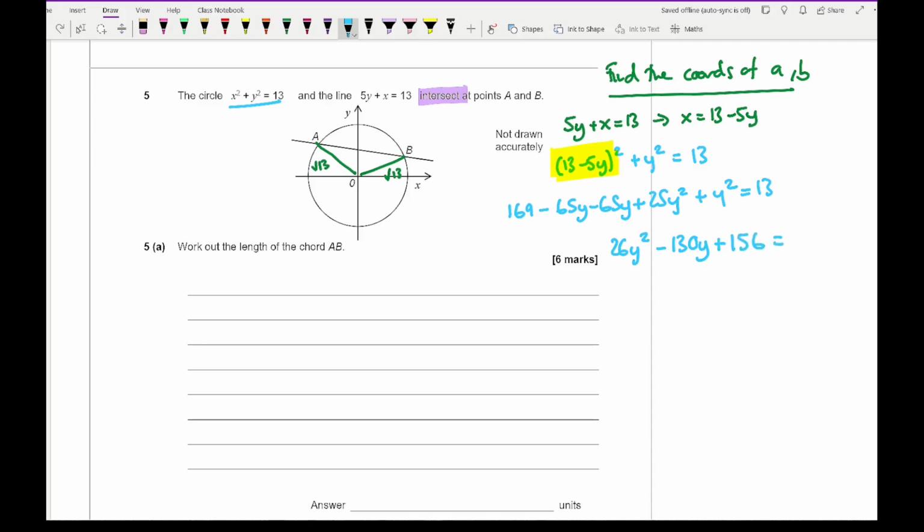156 equals 0. Now from this, what I want to do is go on and solve this.